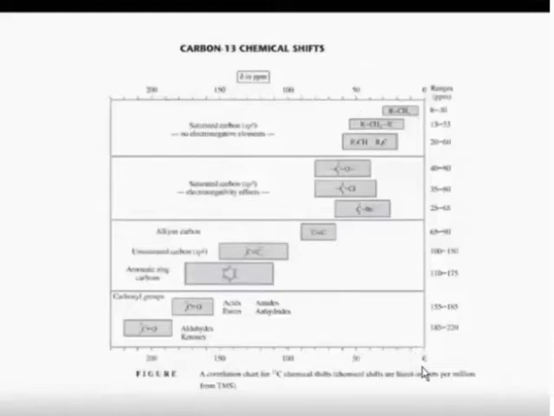Typically for C13 it runs from 0 to over 200, say 250 parts per million, whereas for the proton the range runs from 0 to around 12, generally most commonly between 0 and 8. So for C13 the ppm range is much broader.